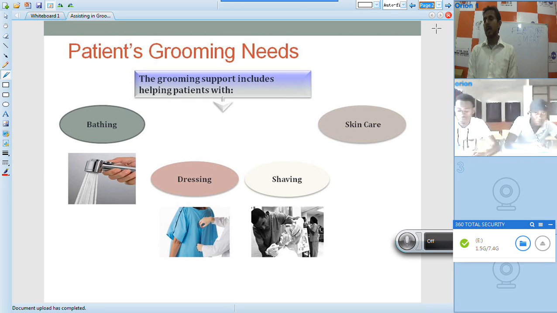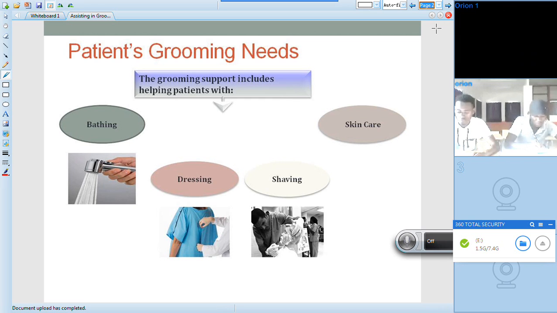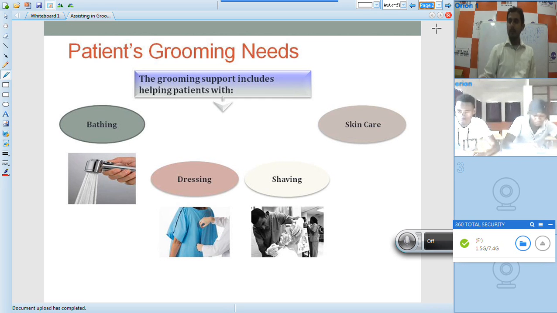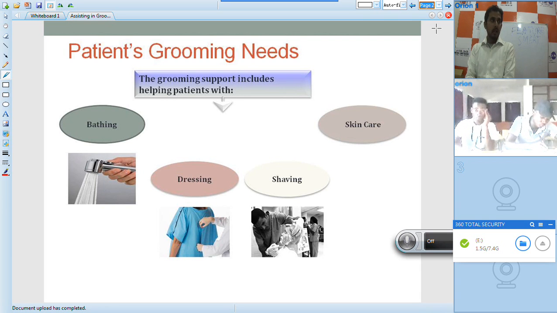After giving the bath, you need to dress the patient properly, so he or she looks good, energetic and enthusiastic.